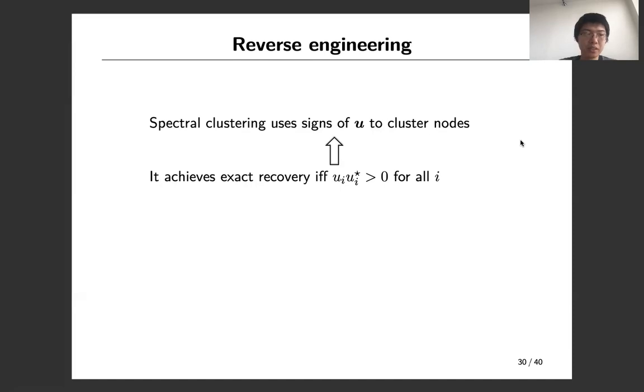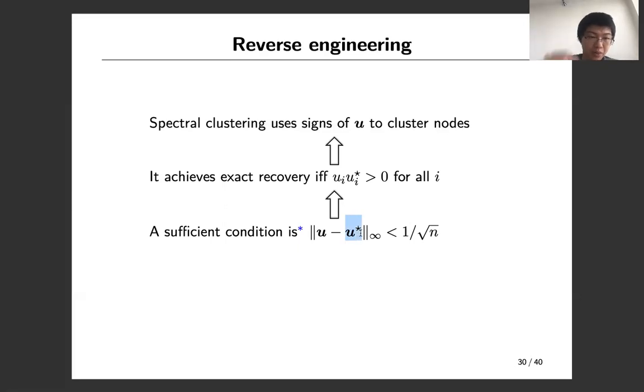A sufficient condition for this same sign is that the element-wise distance between u and u star is no larger than 1 over square root n. Then we can guarantee that u and u star have the same sign across all the entries. Why is this? This is because, if you remember, every entry of u star has magnitude exactly equal to 1 over square root n.